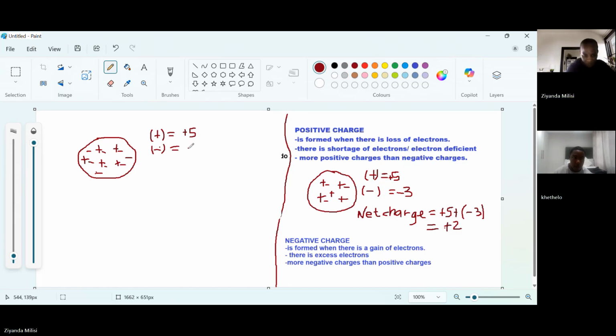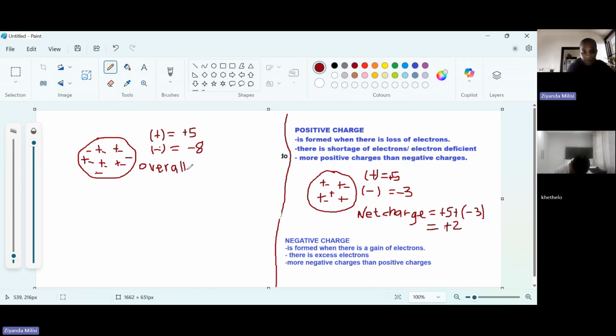Negative 8. Awesome. Then tell me, what is the overall net charge? You can say overall net charge or net charge. Negative 3.